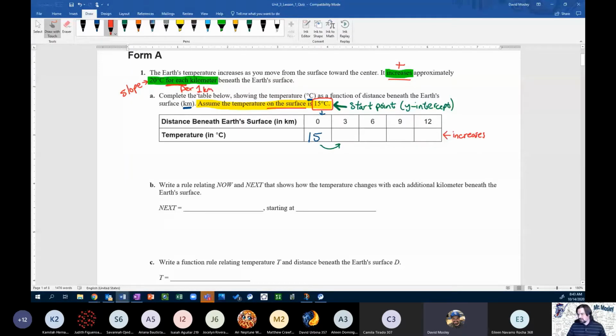Okay, excellent. So Nicholas, I think you did the math already. Eileen, yes, we're adding 60, right? Because we've added 3 kilometers, so we've done our rate of change 3 times. Right, we've gone from here to here.